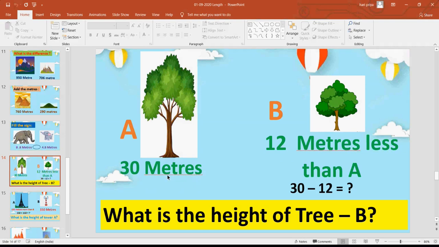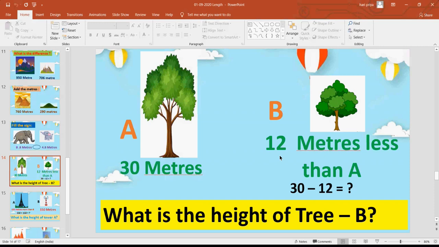And for B, the clue is 12 meters less than A. As you see in the picture, the B tree is very small, right? So it will definitely be shorter than the A tree. They are telling us it's 12 meters less than the A tree.